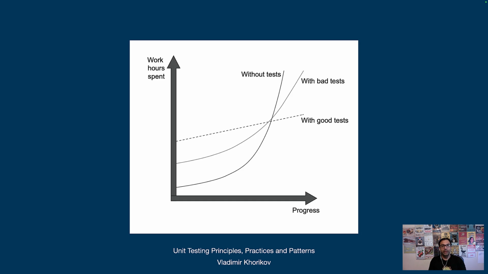Now here's a really nice graph for unit testing, the number of work hours spent versus the progress. One of the things you will note is that when you're not writing unit tests, your progress is actually really fast. I mean, you're just smooth sailing at that point.